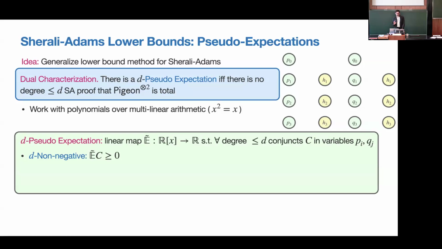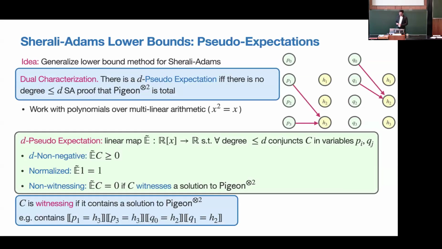So conjuncts of degree at most d are non-negative. It's normalized. And then finally, it needs something that actually depends on this pigeon squared problem, which is that it doesn't witness a solution. So we're saying that it never sees a collision of two pigeons here.